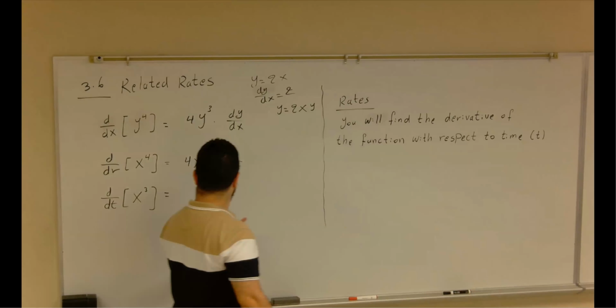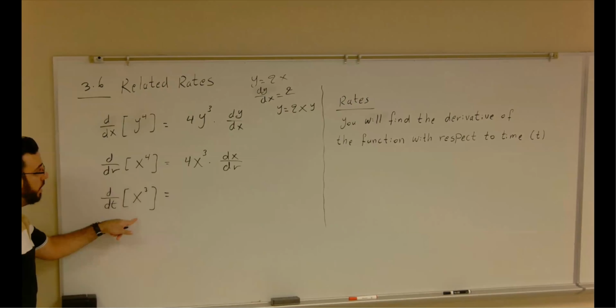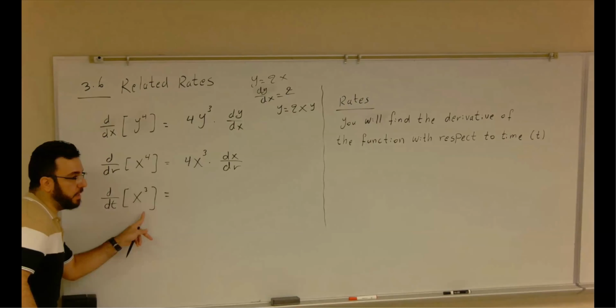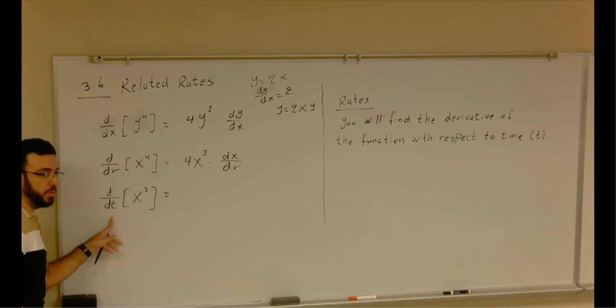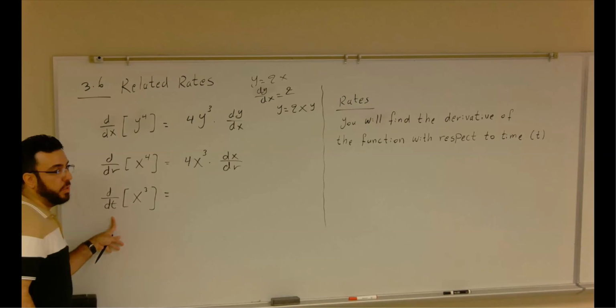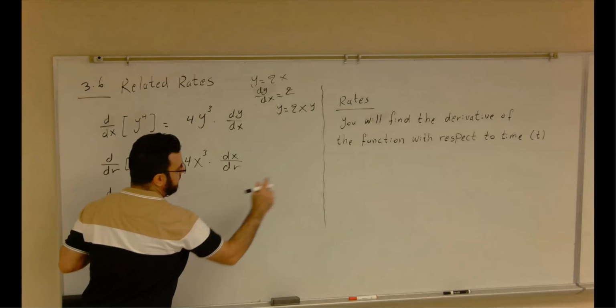So now if you look at the last one, that's what we call rate. Rate means the change of the length or the width with respect to the time, okay? So if I need to find the derivative of x with respect to t, now t we're gonna consider as time.